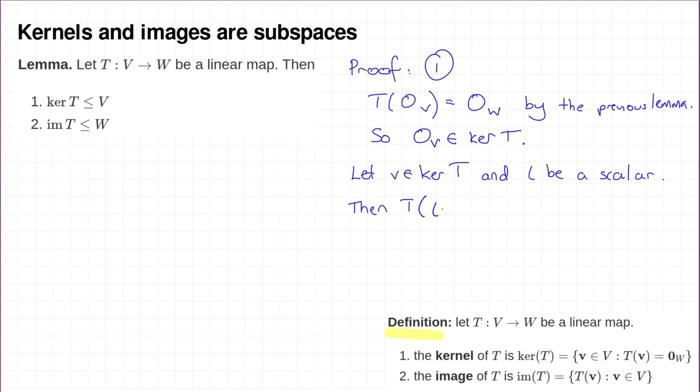So what I've got to do is look at T of L times V and show that it's still the zero vector in W.